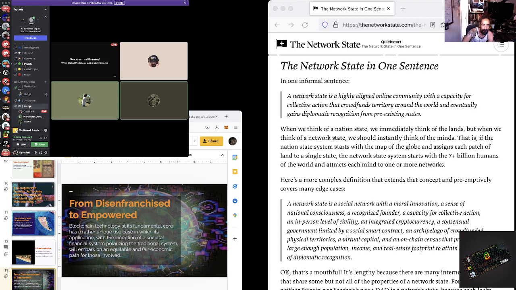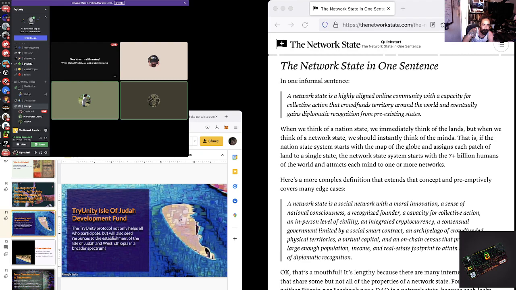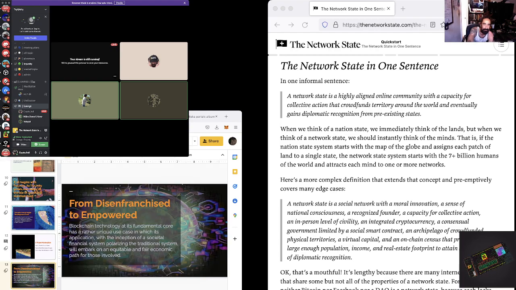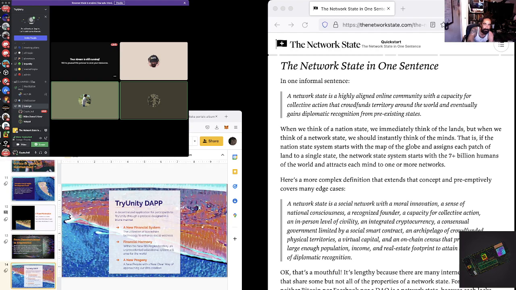But the beautiful thing is that when you sign up to the Triunity DApp, you get an NFT called the West Ethiopia Digital Citizenship Voucher.